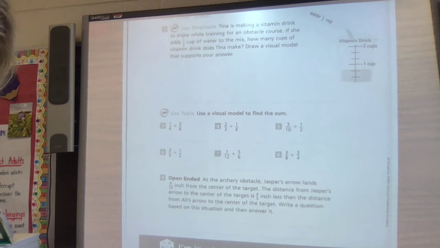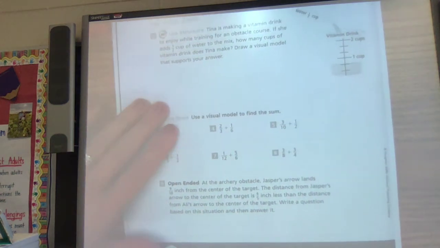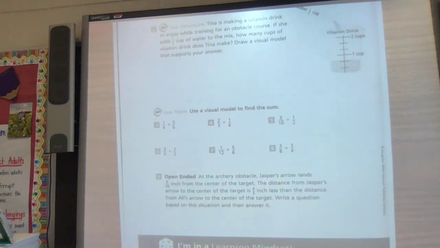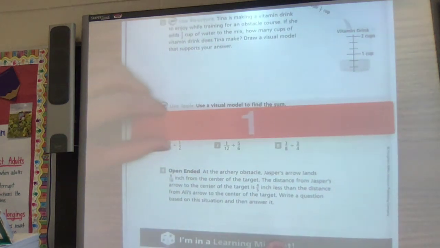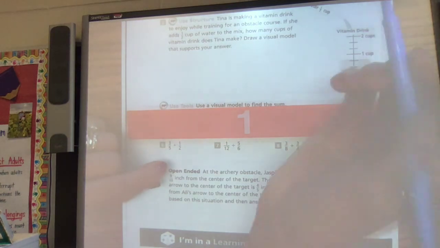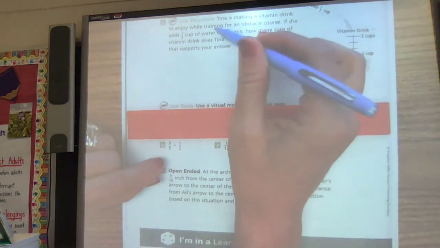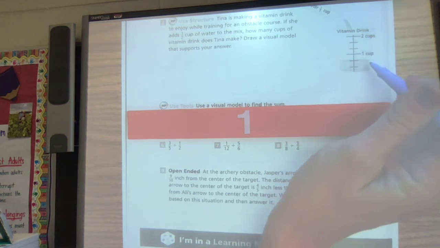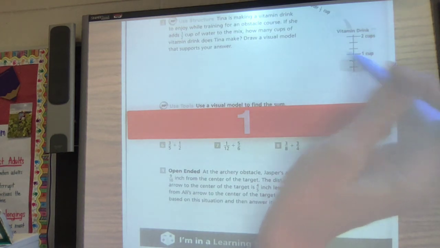Draw a visual model. So instead of drawing one, we're just using our tiles. She adds a half a cup of water to the mix. How many cups does she make?